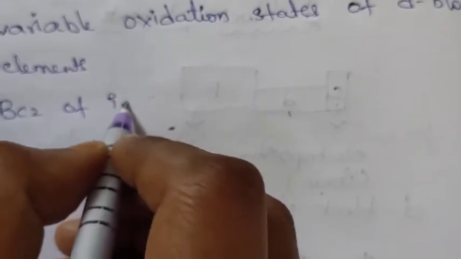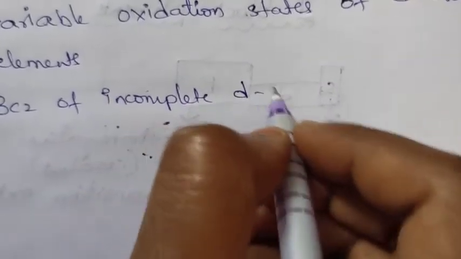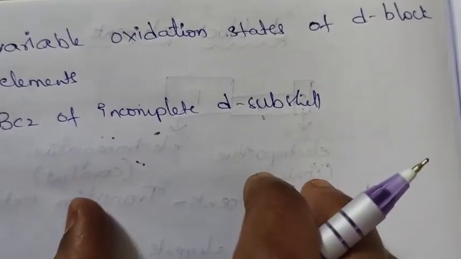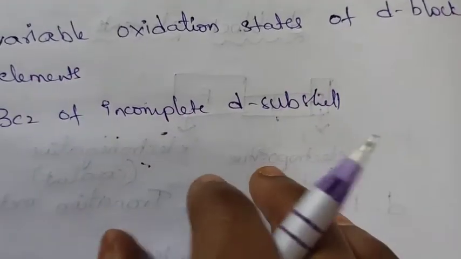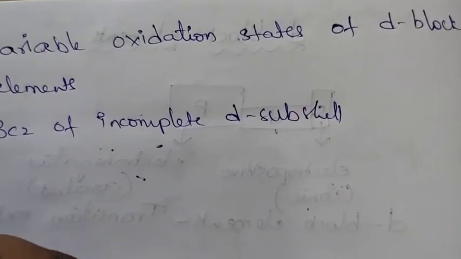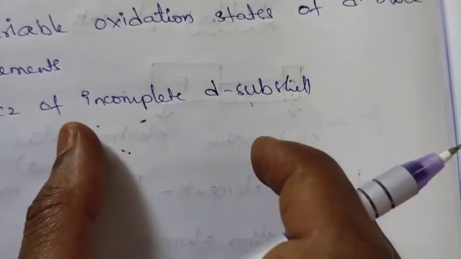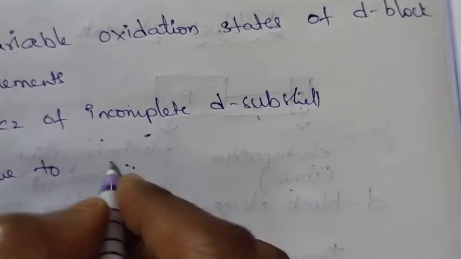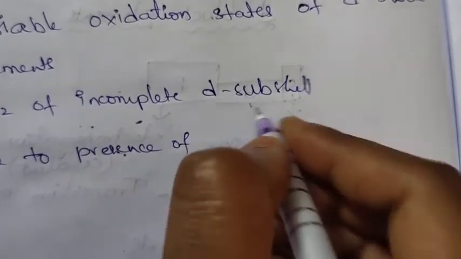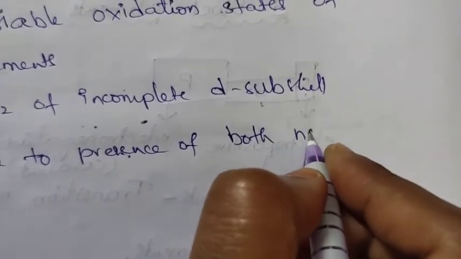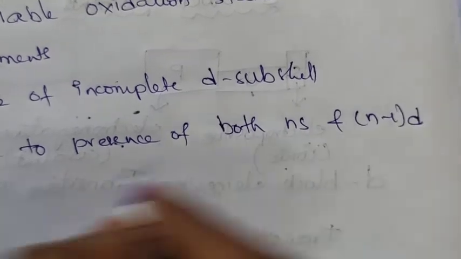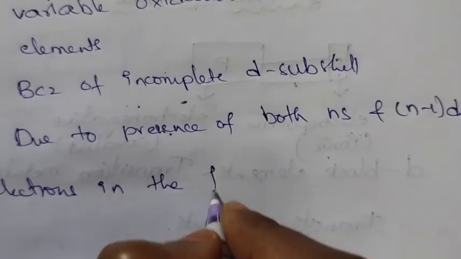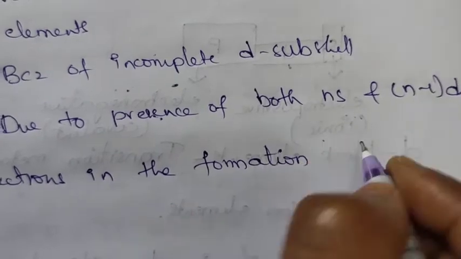The variable oxidation states are due to the availability of both ns and (n-1)d electrons, that is, the presence of both ns and (n-1)d electrons in the formation of bonds.